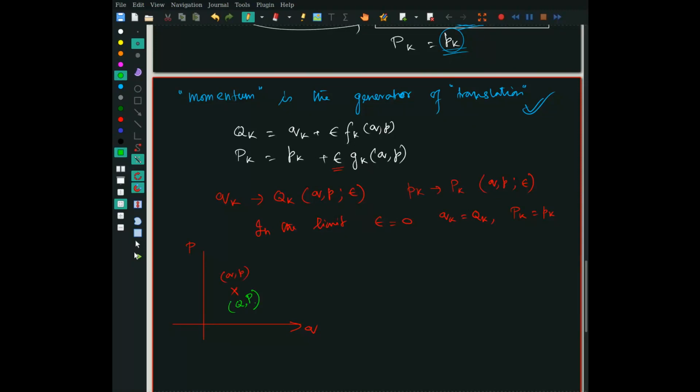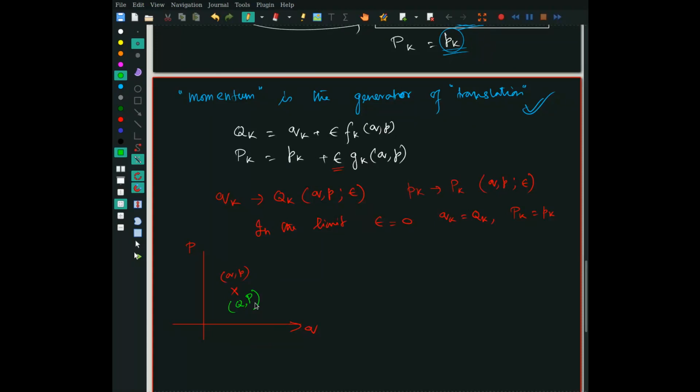But there is another way of looking at it. It can give you an active sense of looking at things.